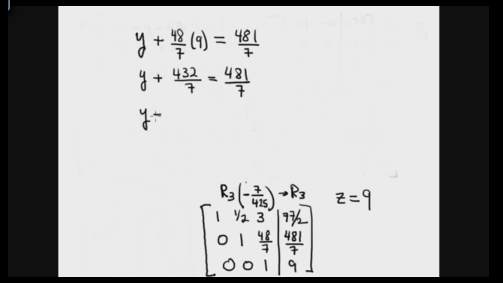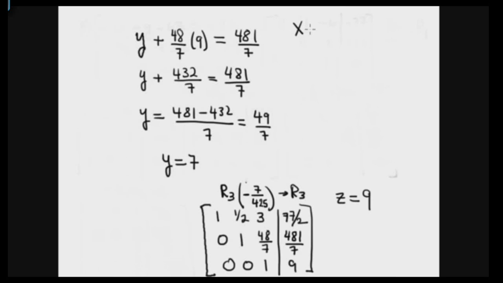Solve for y, subtraction, super, and this is 49 over 7, which is just 7. Wow, y is 7. The y is 7, c is 9, and x I have no idea, but it's substitution in the first equation.